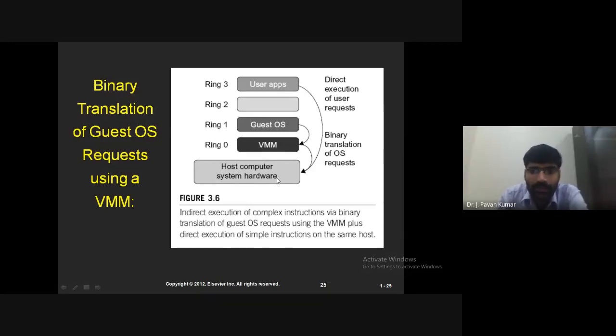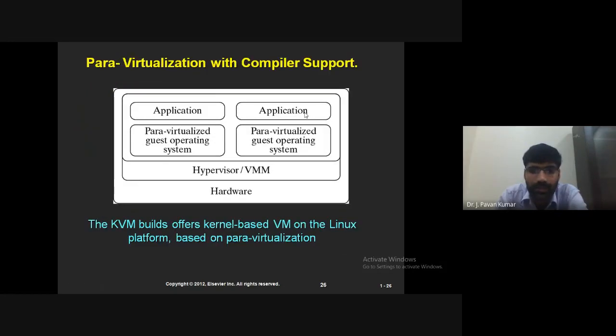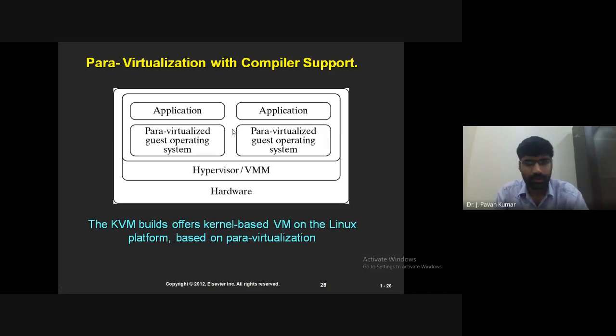Whereas in para virtualization, these user mode instructions which are unprivileged can be executed directly on the host operating system. That is the flexibility we create through para virtualization. See here, the para virtualized guest operating system we are achieving.